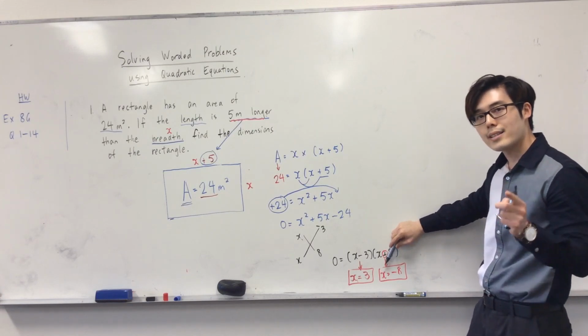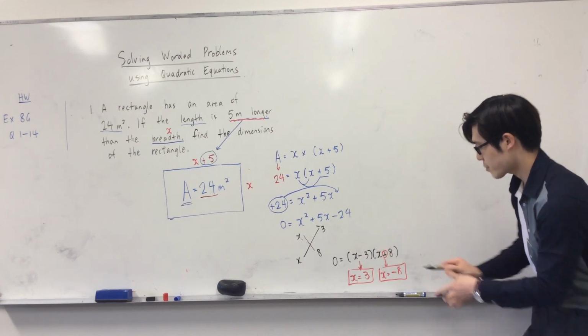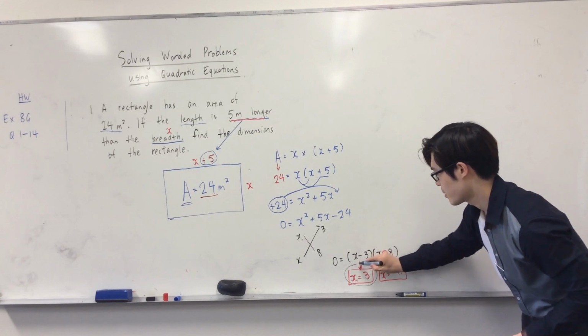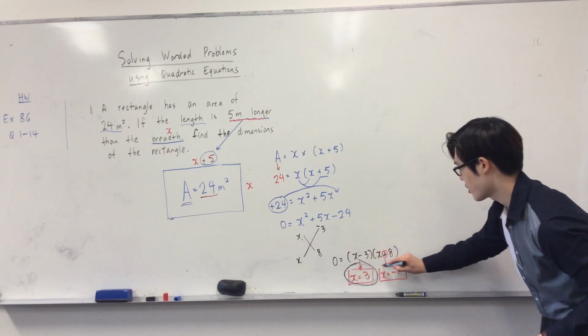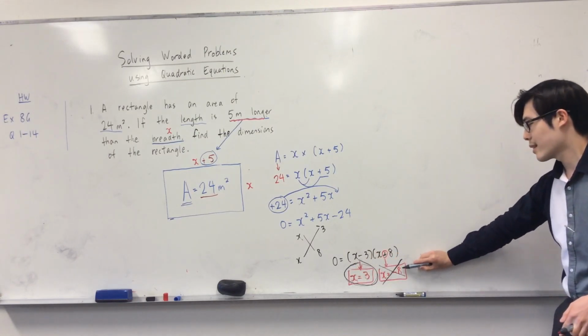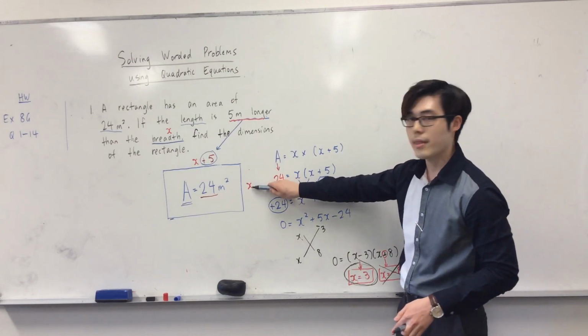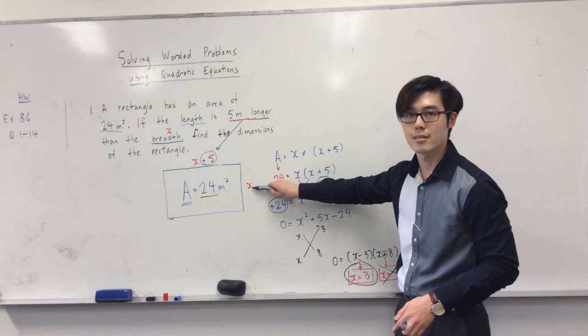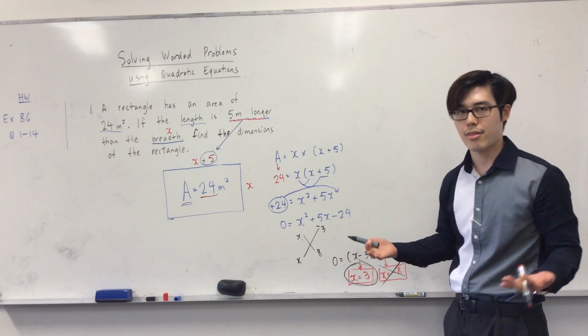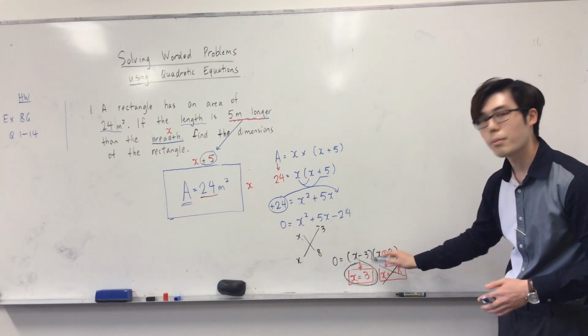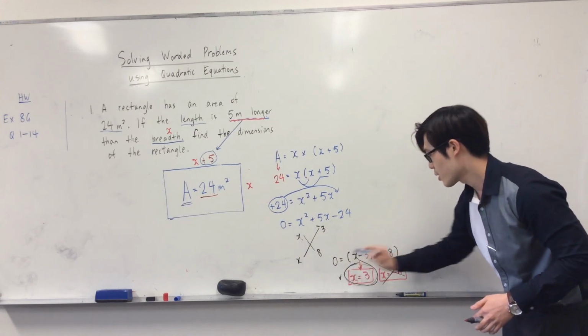The only possible answer is this one, so circle that. You ignore the other, because it says the breadth is minus 8 meters, and you can't have a negative length in real life. So you take the positive number. That's my correct answer.